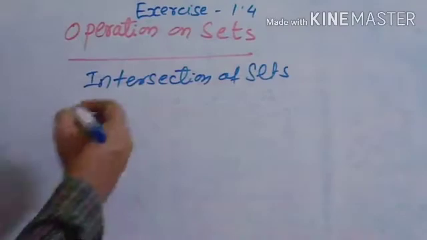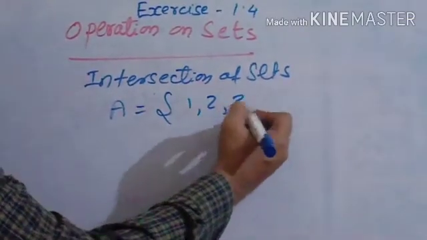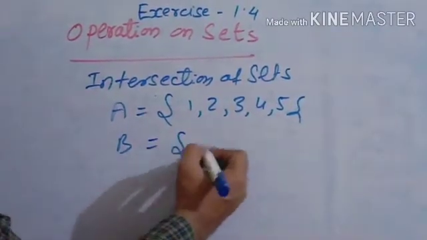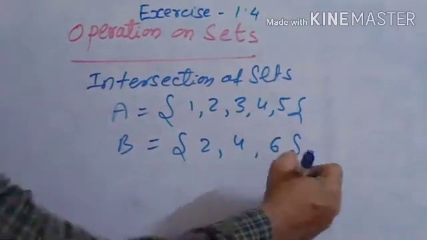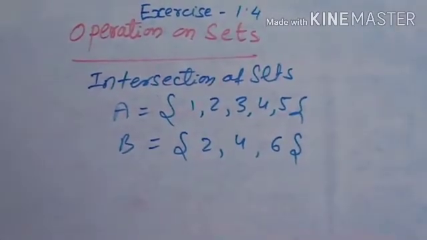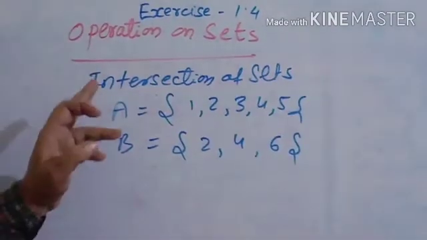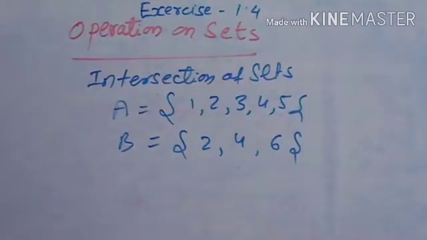For example, A is equal to 1, 2, 3, 4, 5 and B is equal to 2, 4, 6. What is the common element in both the sets?